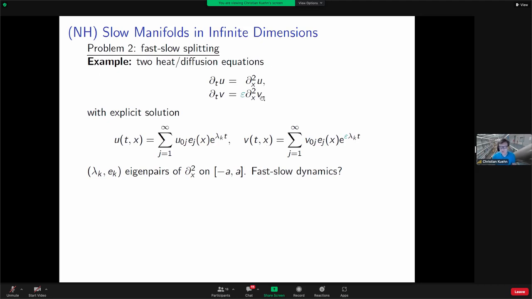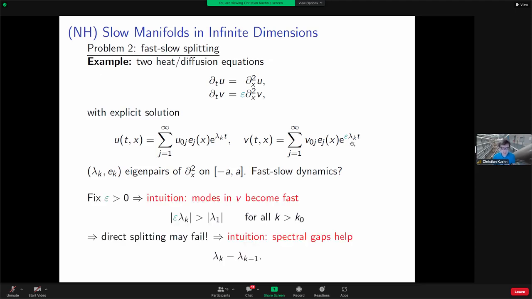So suppose you just even take two heat equations, even decoupled again, and you can explicitly solve them using Fourier. Yeah, that's perfectly fine. So you solve these guys with eigenpairs on the interval, and you ask yourself, does this exhibit fast-slow dynamics? And the normal trick you do when you have an explicit solution is you look at where the t is and where the epsilon is, and you ask yourself which guys are fast and which guys are slow.